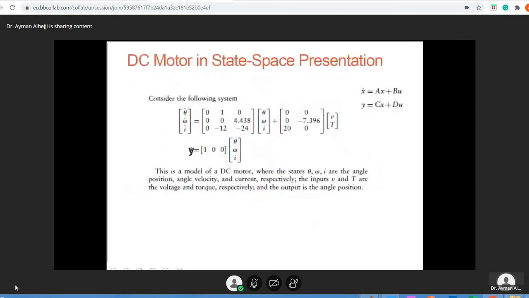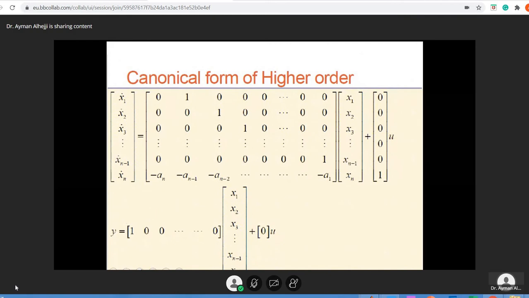Let's go to this canonical form also. Here we have A sub n, the highest order, A sub n minus 1, lower, A sub n minus 2. Imagine if you have a third order system, you are looking for A sub n. What is A sub n? That means A3, right? And here it becomes A2 if n equals 3. And here it will be A1.